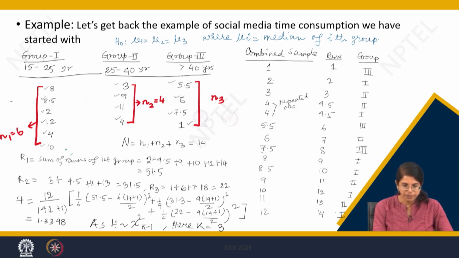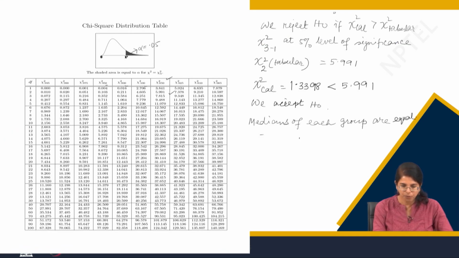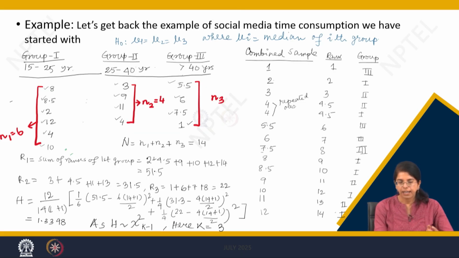So, in this 4 we have to go for the tie breaking, and 4.5, 4.5, you will see the ranks are being adjusted, and simultaneously you have to write the group-wise division, that is, the first observation is coming from group 3, the second observation which receives the rank 2 is coming from group 1, and so on and so forth. Then you have to figure out R1, R2 and R3.